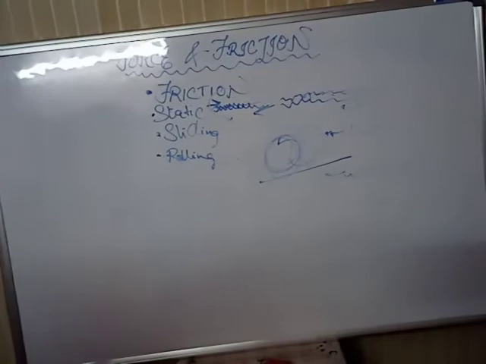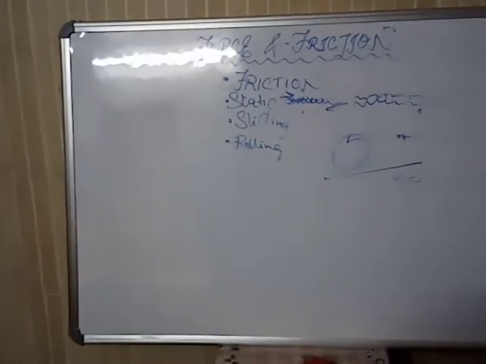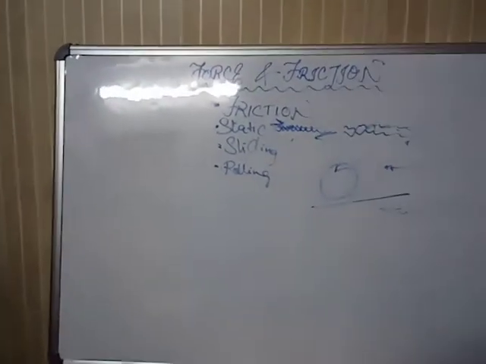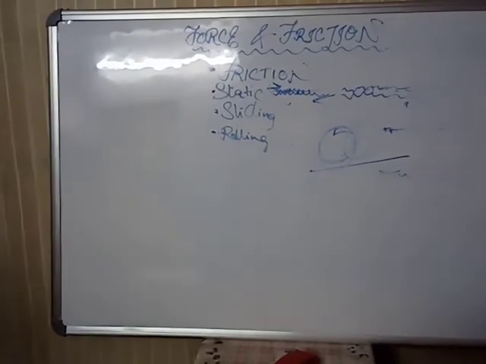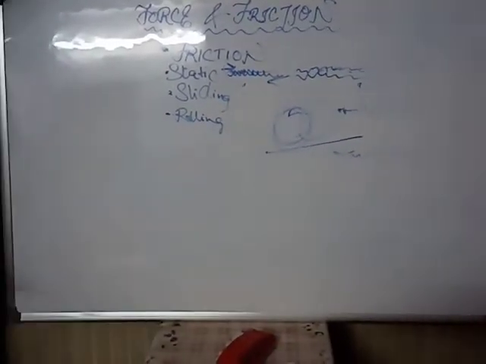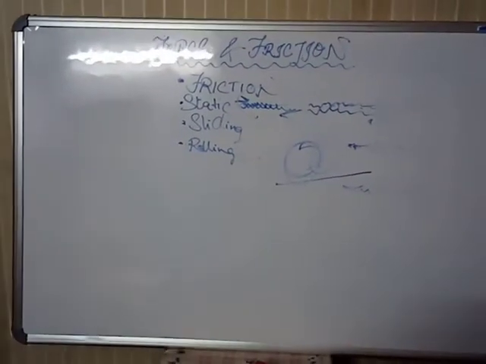Athletes wear shoes with spikes which get embedded in the ground. If the athlete's shoes do not have spikes, the athlete will slip when they run.